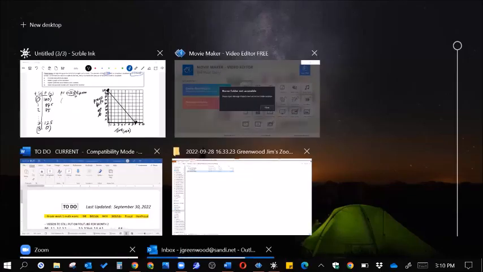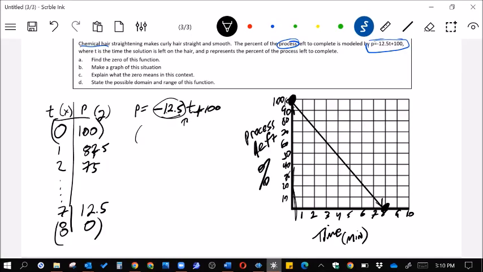Now, this is saying, if we go to 10 minutes, that means it was here where 60% was left to go. Or if I go to 6 minutes, there was just about 20% left to go. So it had completed 80% of the process by 6 minutes.